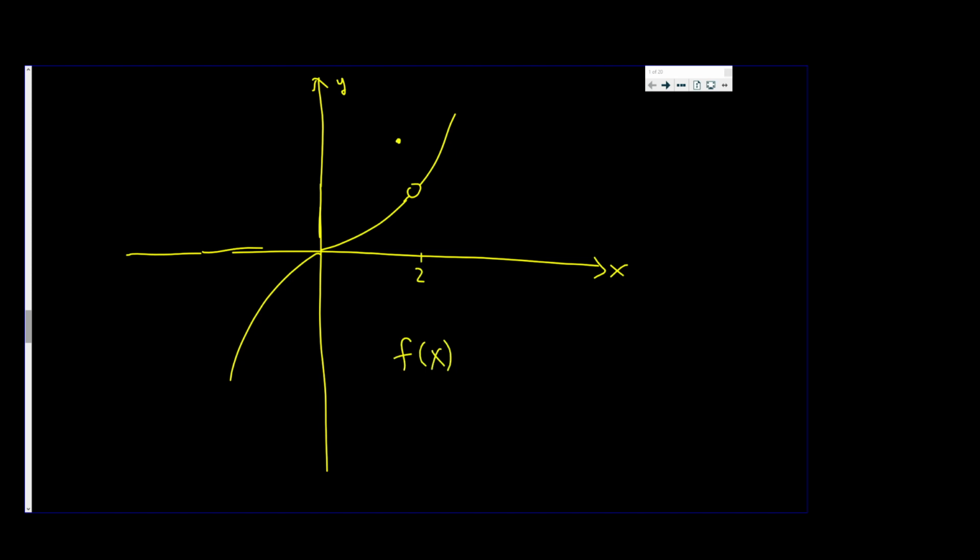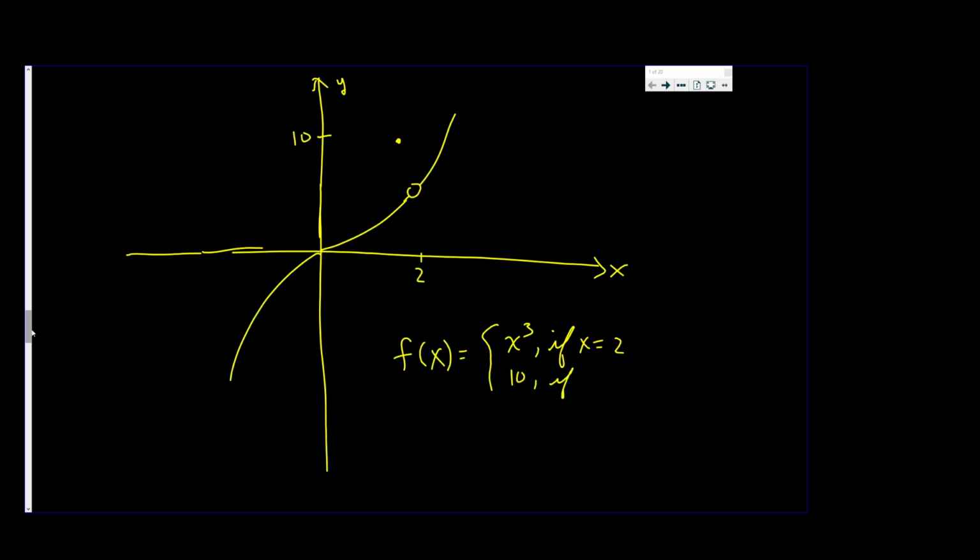So f of x is a piecewise function. It equals x cubed if x is not 2, and it equals 10. You know what?